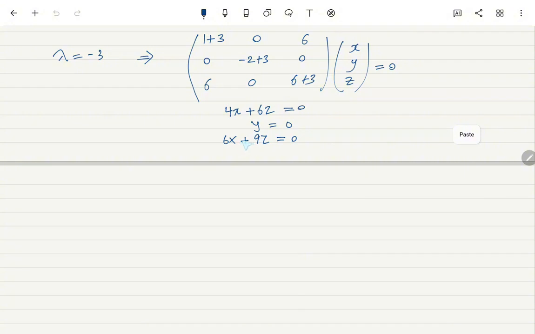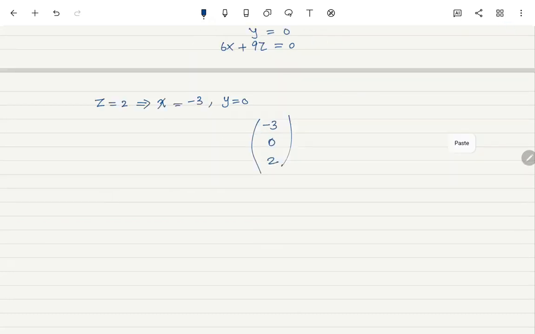So if we choose z equal 2, then x equal to minus 3 and y equal to 0. So the eigenvector for lambda equal to minus 3 is minus 3, 0, 2.